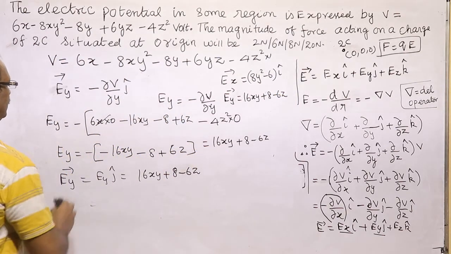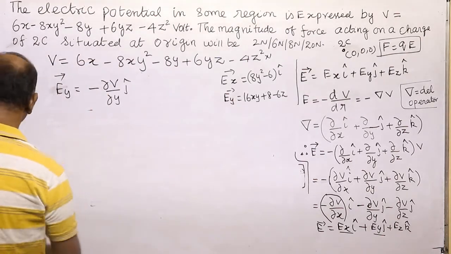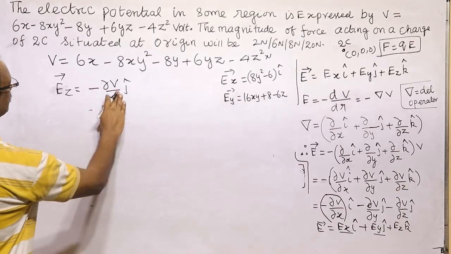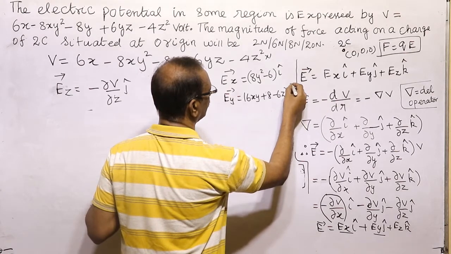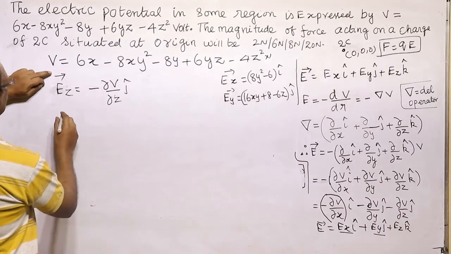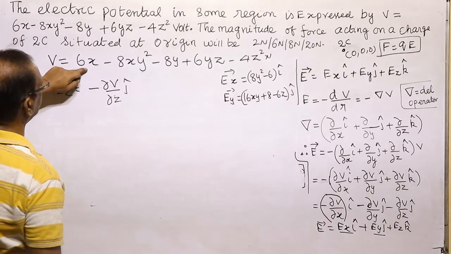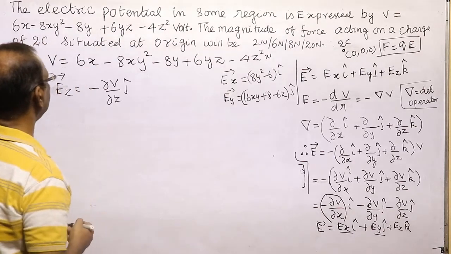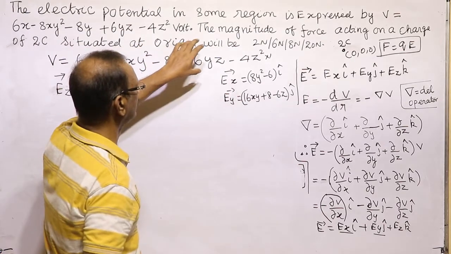Then next we have to find Ez. If we want to find Ez, it means the entire potential V is to be differentiated with respect to z, and it will be in the z direction, k cap. Ez means we partially differentiate this with respect to z. Here 6x is constant, and differentiation of a constant is equal to 0. Here z component is there.